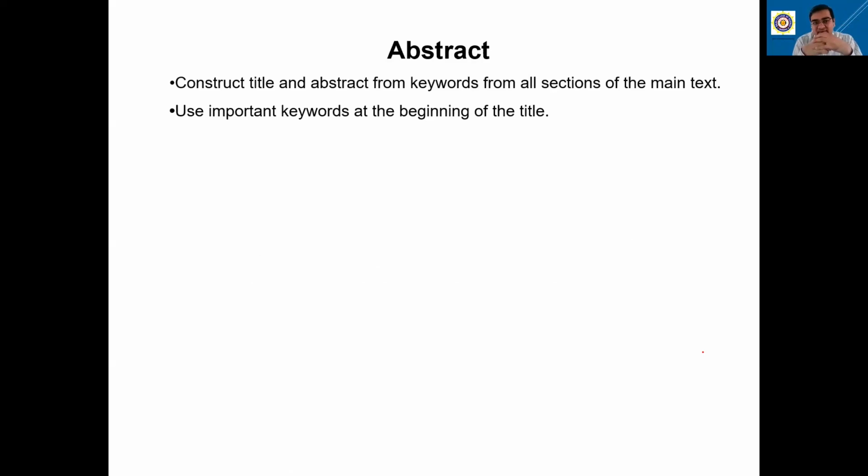Construct the title and abstract from keywords from all sections of the main text. What does it mean? After completing the paper, after completing all the sections, the last section belongs to abstract writing. So always write the abstract at the end of your writing, because you need to connect the things in the abstract.